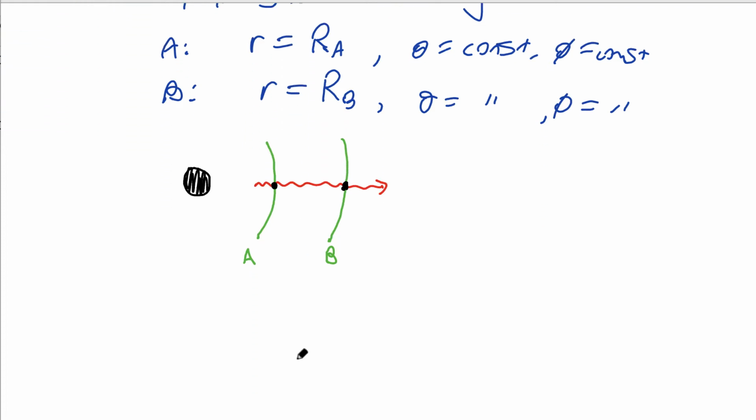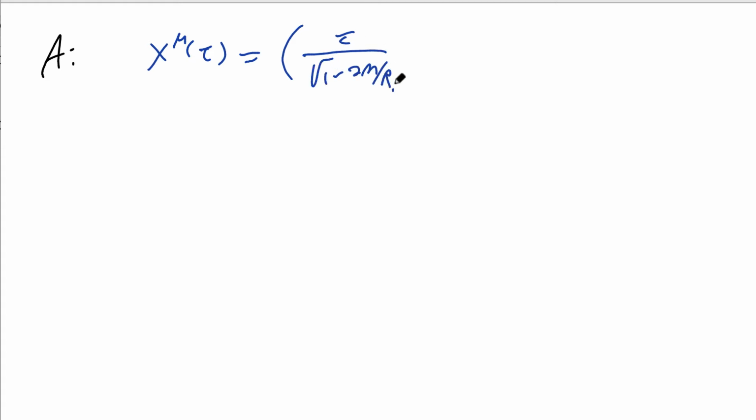So let's start by writing down the world line for observer A. Observer A has the world line given by x mu of tau equals tau divided by the square root of 1 minus 2m over r sub a, comma, r sub a, comma, 0, comma, 0.